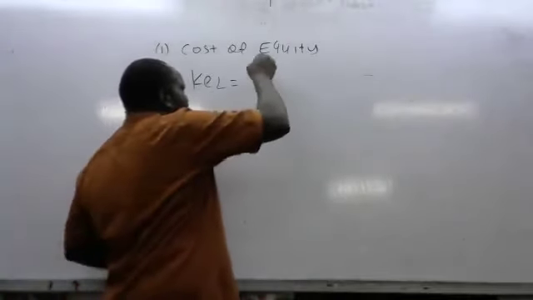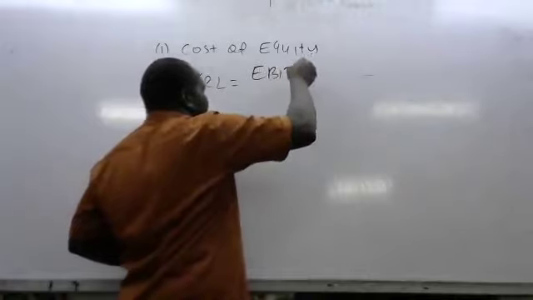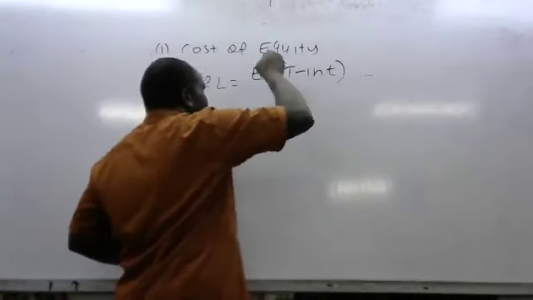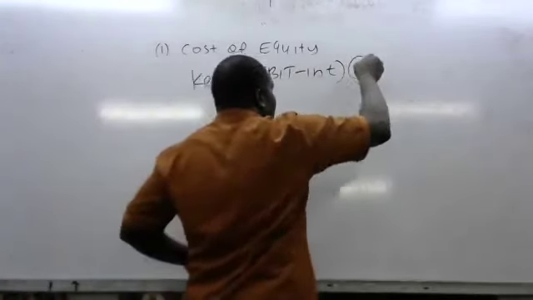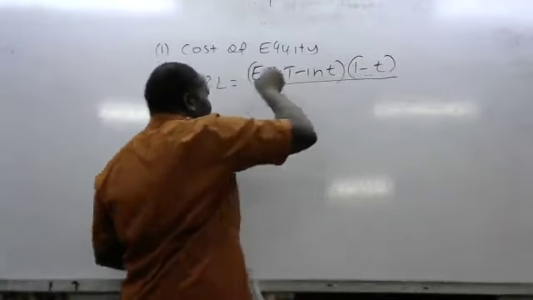Which will be given by earnings before interest and tax. We subtract interest, then 1 minus the tax rate.